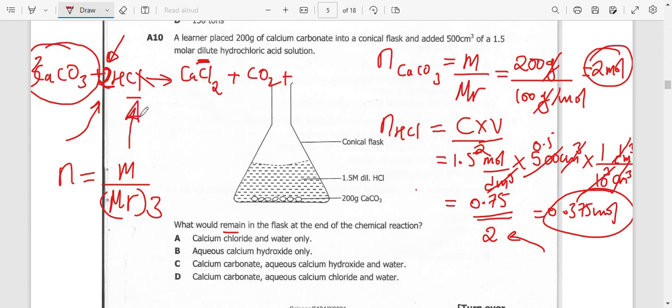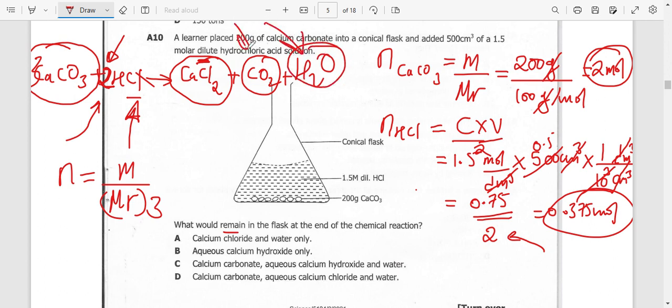This hydrochloric acid is going to finish, but also the products, you are also going to have them. So you're also going to have calcium chloride, carbon dioxide, and the water. So these are the ones which you are going to see in excess: water, carbon dioxide, calcium chloride, and calcium carbonate.